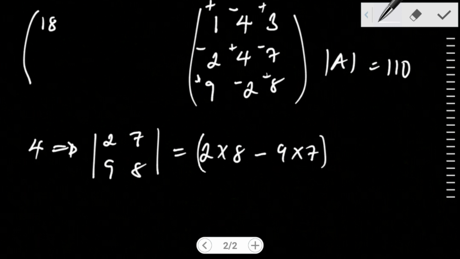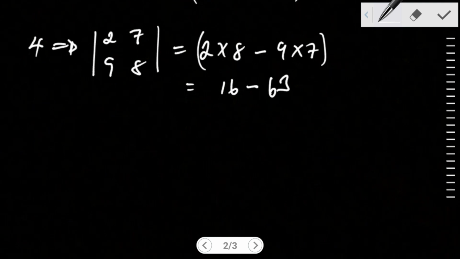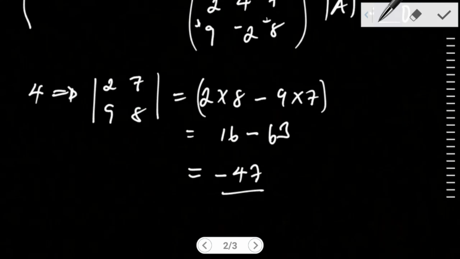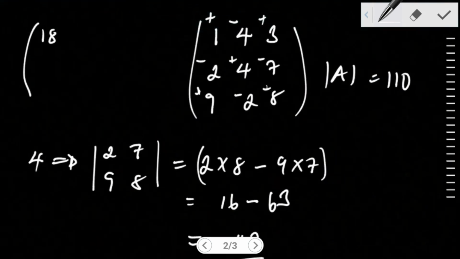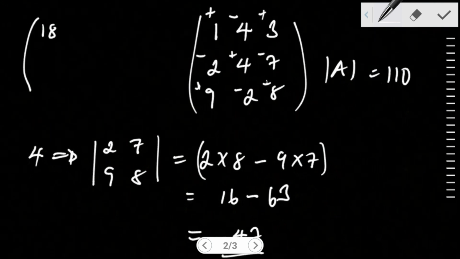Therefore this is 16 minus 9 times 7, and this would be 63. If we take the difference, this is equal to negative 47, and therefore this is the cofactor in this position. But if you look at 4, it has a negative sign on it. Therefore, if a negative meets a negative, we get a positive, so this becomes positive 47.